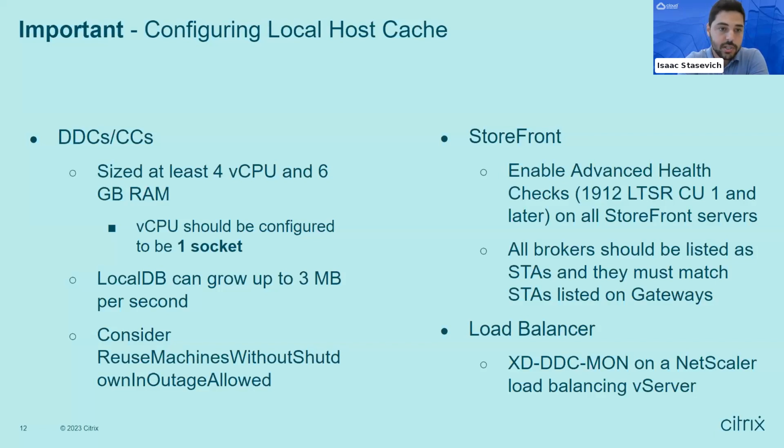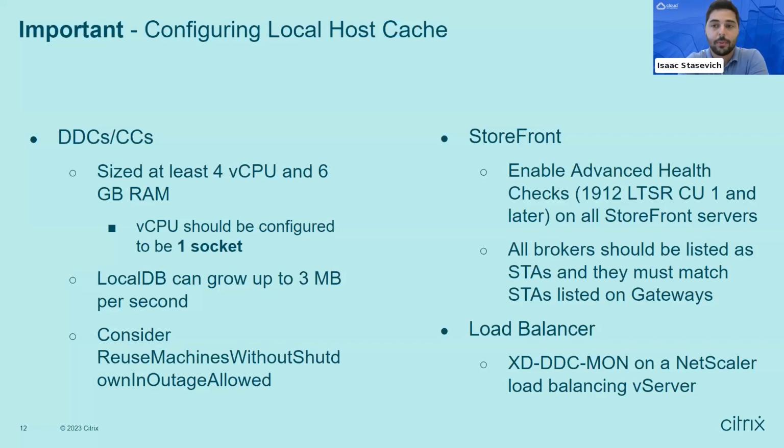In terms of storage, that local database can grow up to 3 megabytes per second. So make sure that you have enough storage on your cloud connectors or delivery controllers to accommodate that. Another common parameter that we see missed is ReuseMachinesWithoutShutdownInOutage, or outage allowed. For a lot of MCS shops or PVS shops that are doing non-persistent workloads, when the VDA reboots in localhost cache, you actually won't have access to those resources unless you set this parameter.